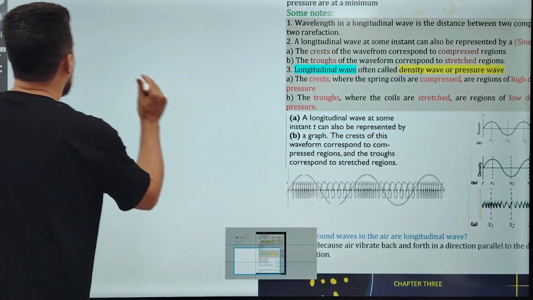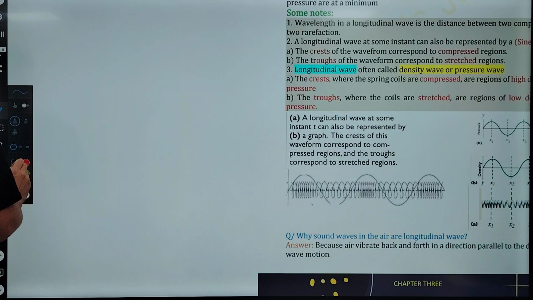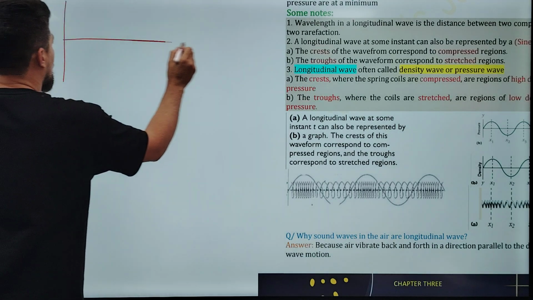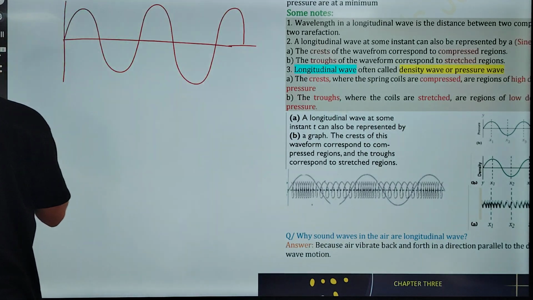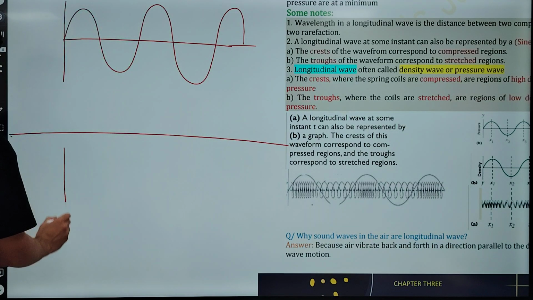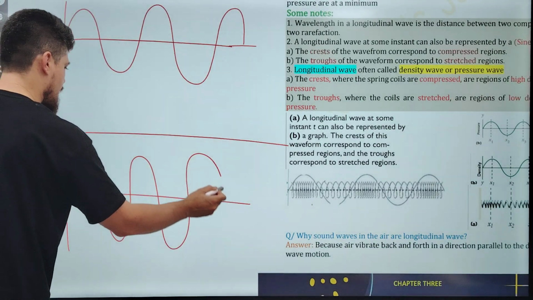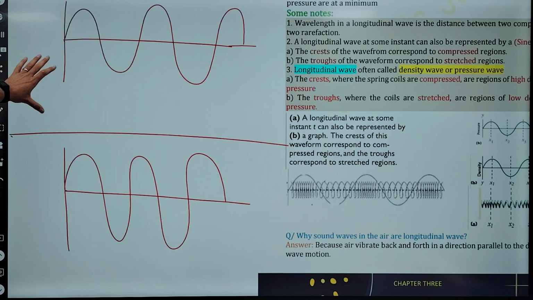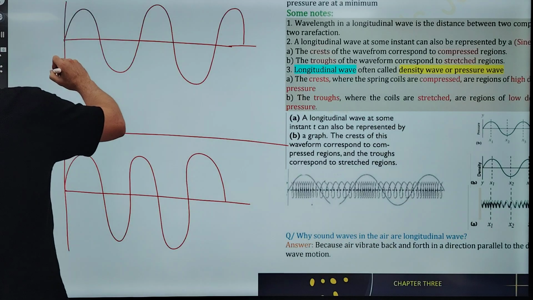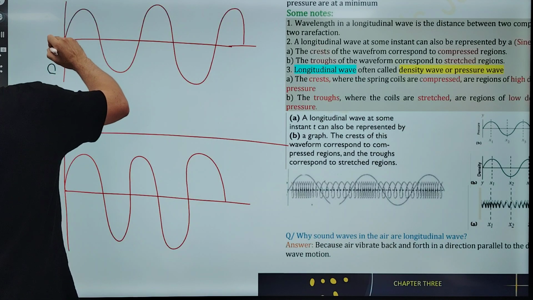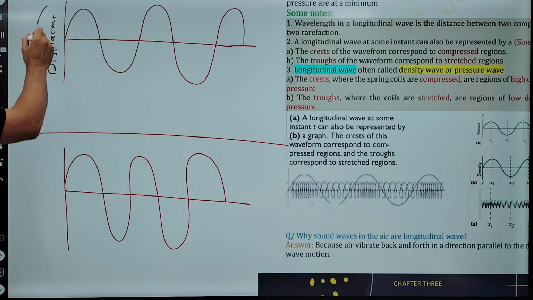Okay, so we can say that, for example, if you see this figure, we have two similar figures here. If you see displacement here, or distance or something like that, what is here?